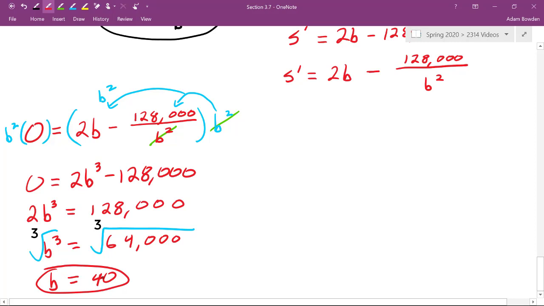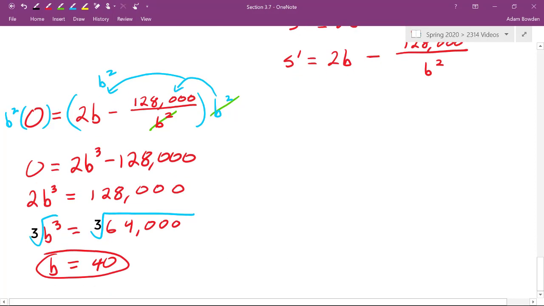So unlike the last example, I'm just going to go ahead and assume that this is referring to the location where the minimum will occur for surface area.